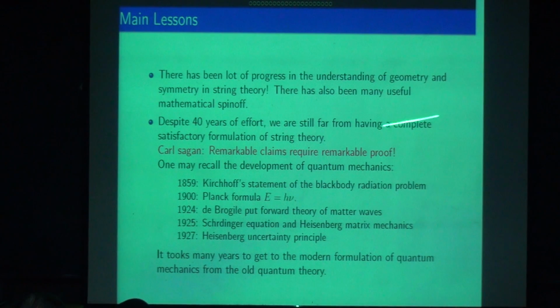Also, there has been a lot of interesting mathematical spin-off during the development. Now, string theory has been about, actually more than 40 years, more like 50 years of development. We are still far from a complete, satisfactory formulation of string theory.